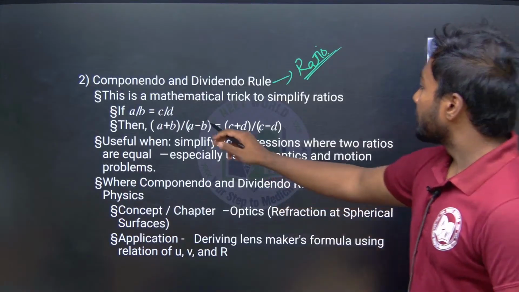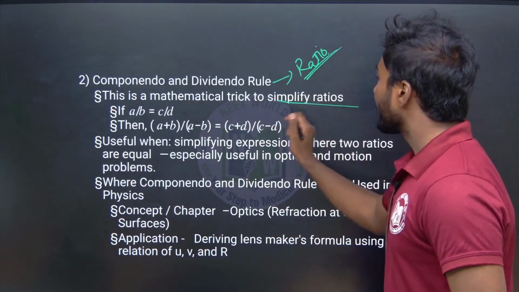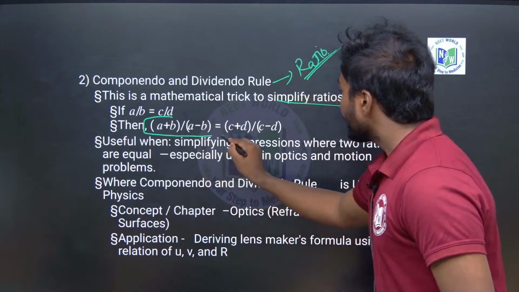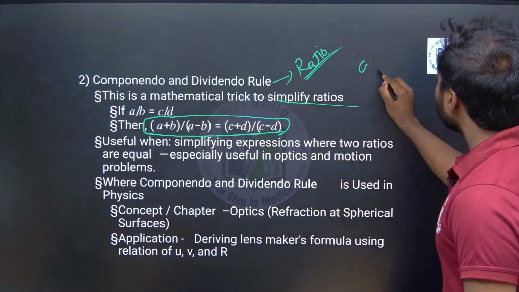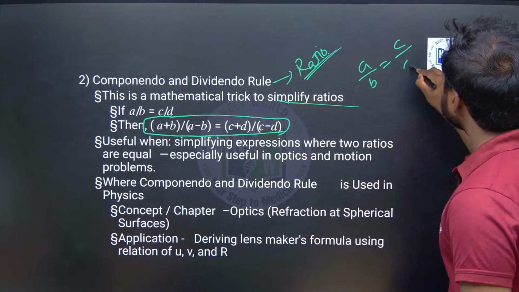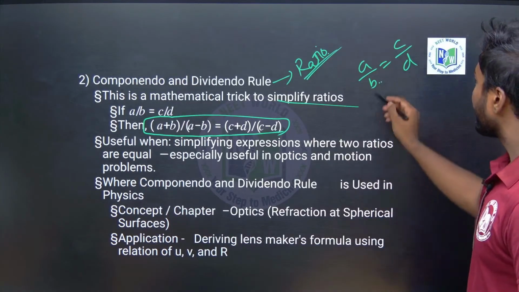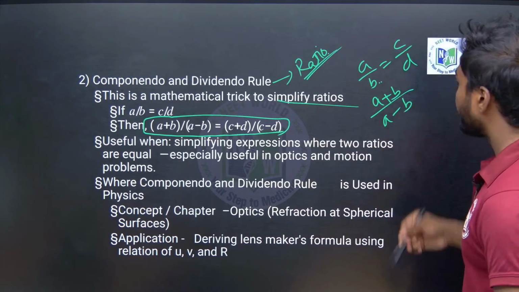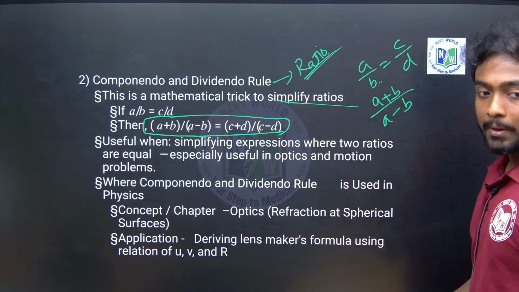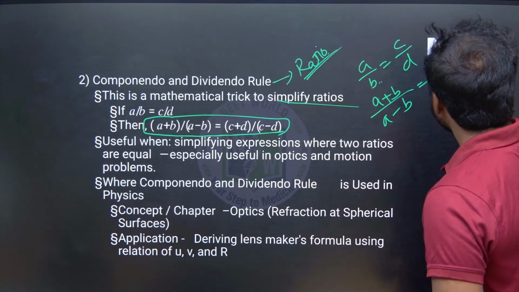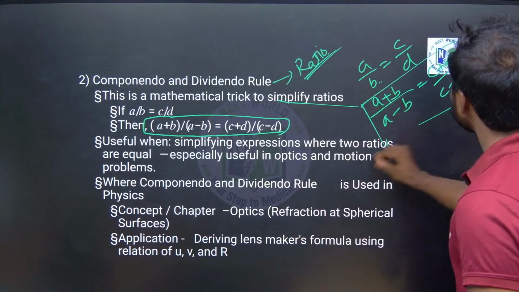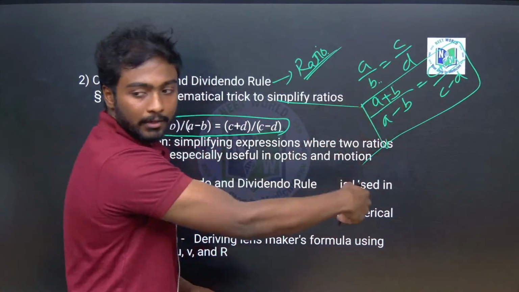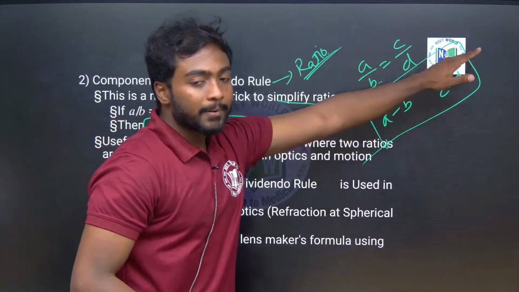For example, A by B is equal to C by D. The important formula is: take A plus B divided by A minus B, which is equal to C plus D by C minus D. So whatever the values are there, the same values are used: A plus B divided by A minus B is equal to C plus D by C minus D.